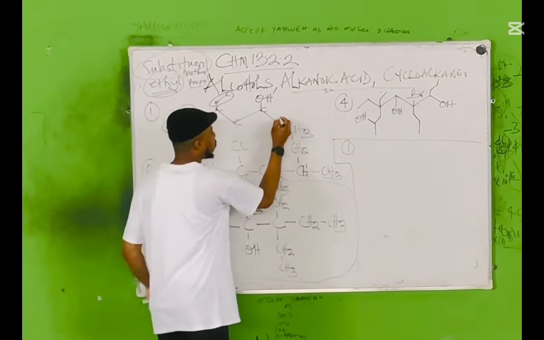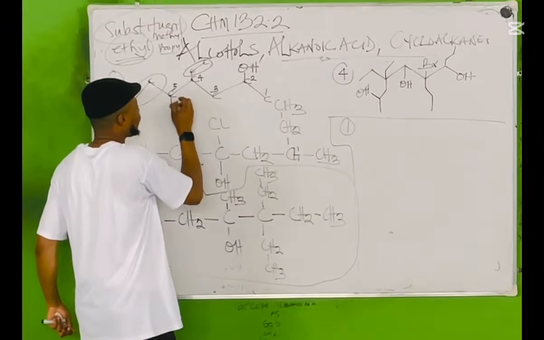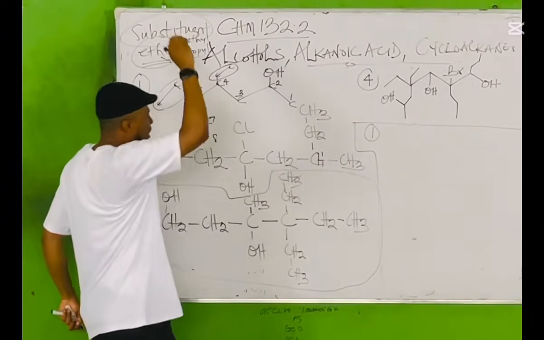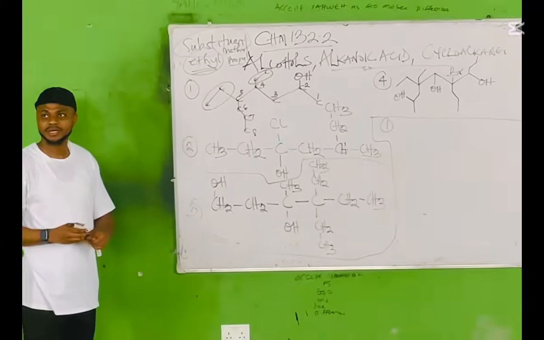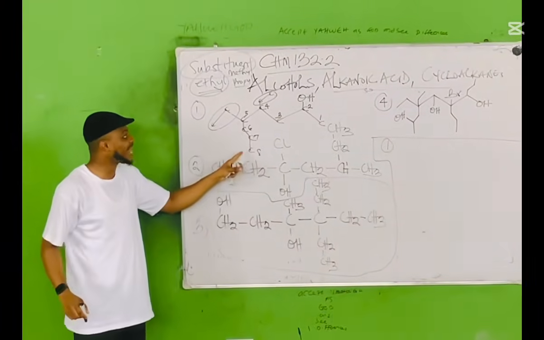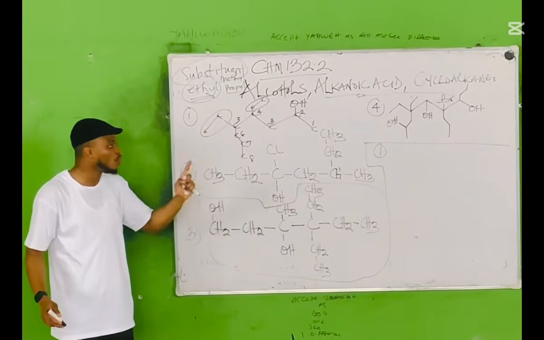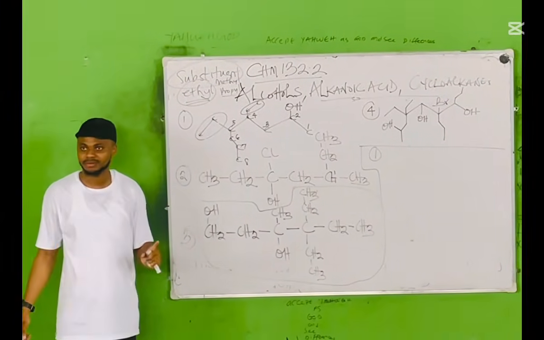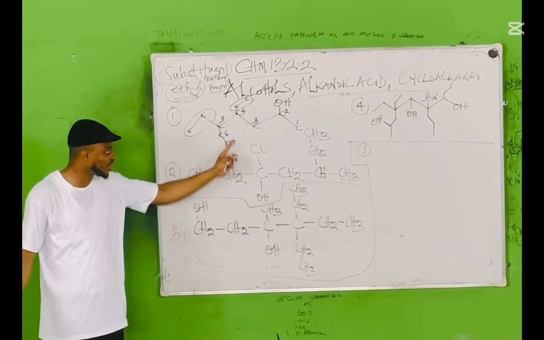So we say 1, 2, 3, 4, 5, 6, 7, 8. That's the perfect number. We come from the side that we give this hydroxy group the smallest number. We are not numbering the entire structure. We are only numbering the chain. We are only numbering the what? The chain. Very important to note. Only the chain. That's what we are numbering.